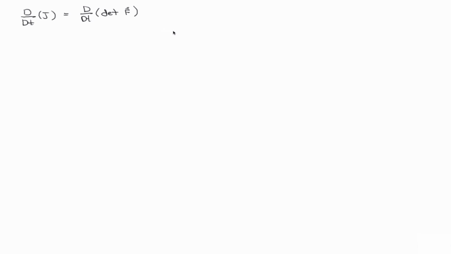I'll explain what I'm doing along the way, but we already said that the component F_ij is simply partial x_i partial big X_j.